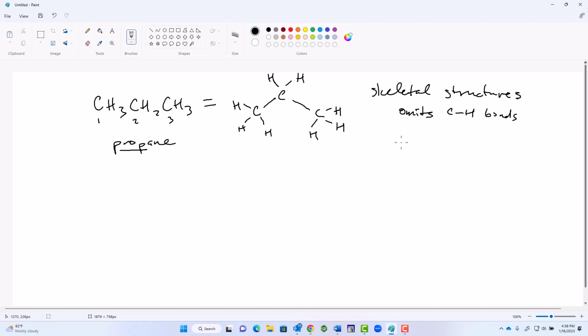In fact, we're really only drawing substituents that are not carbon, and we're not drawing hydrogen. So every vertex is a carbon, and we're going to omit C-H bonds. So what that means is I'm going to have 1, 2, 3 points that are going to be represented by carbons, and I'm not going to draw any of these hydrogens that are around here.